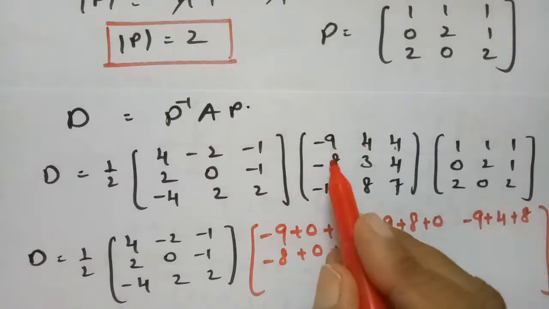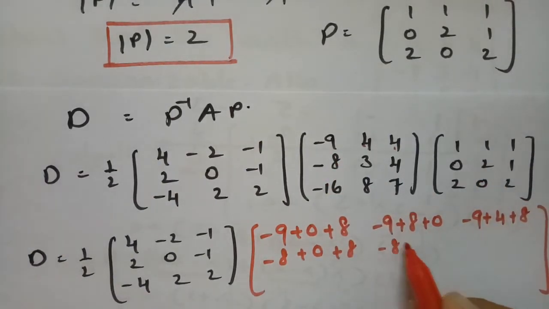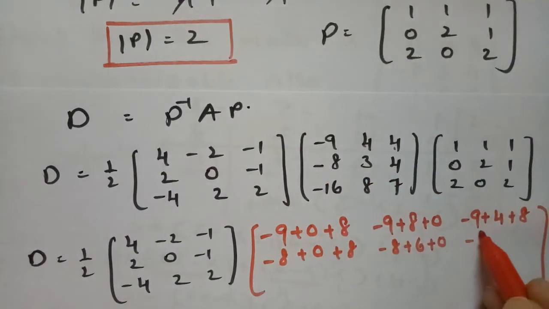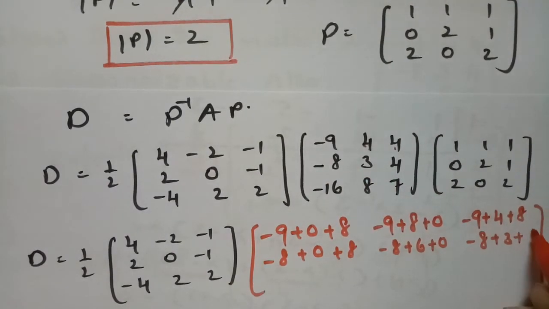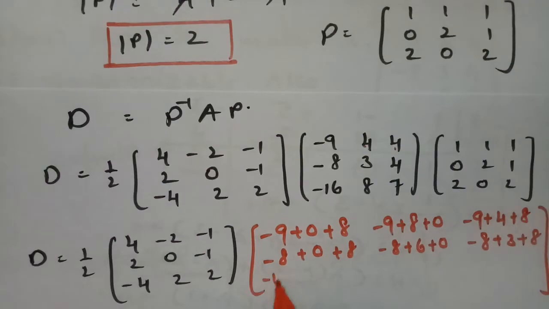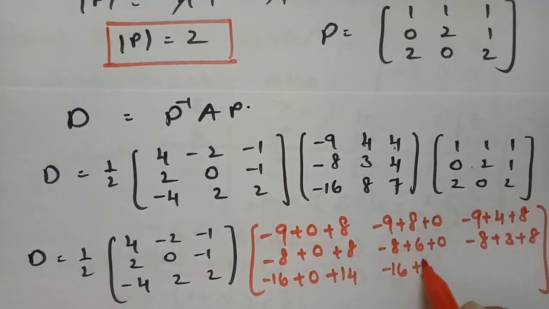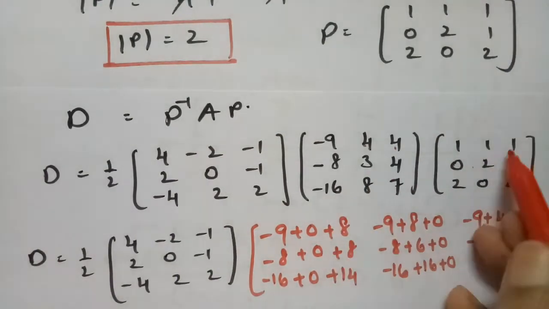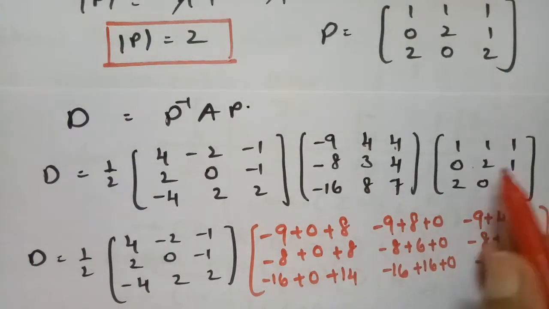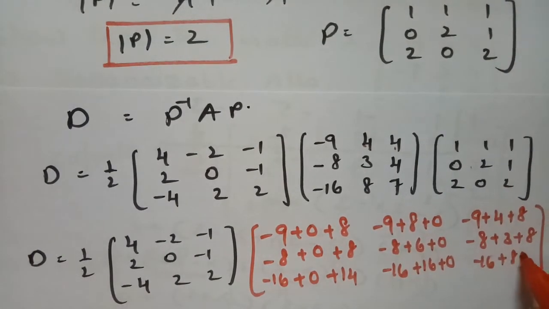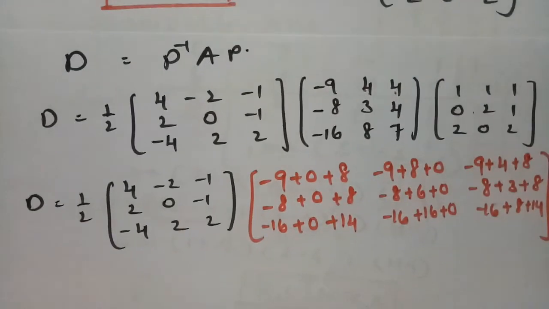If you see, so this is minus 8 plus 6 plus 0. So this is minus 8 plus 3 plus 8. So this is minus 16 plus 0 plus 14. So this is minus 16 plus 16 plus 0. So this is minus 16 plus 8 plus 14.